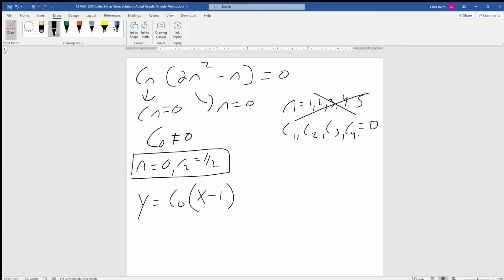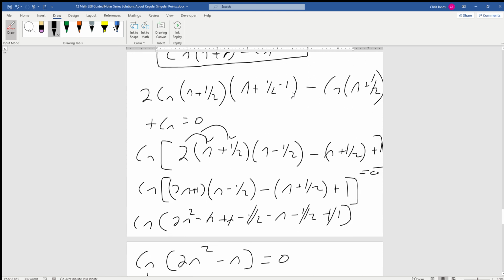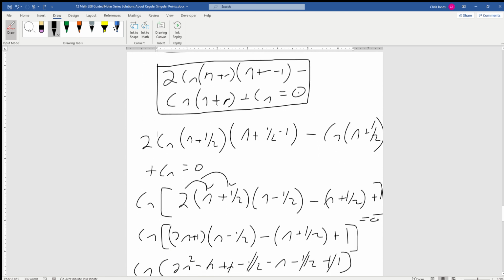So it's n plus r, or in other words, that's going to be C naught x minus 1 to the 1/2. And finally, what we can do is get a linear combination of these values. So this is our second solution. I'm going to call that y2, and up here I'm going to call this one y1.